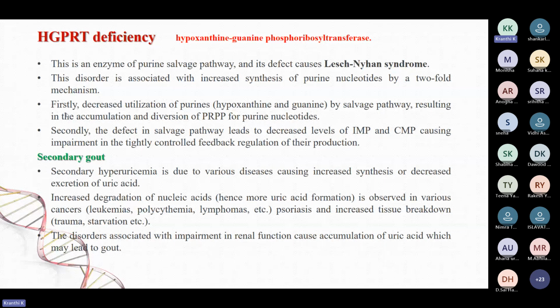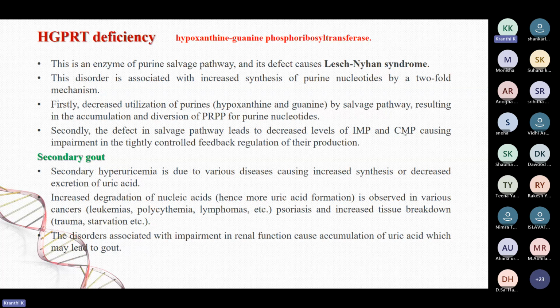Okay, when the hypoxanthine and guanine accumulate, automatically the uric acid levels will increase. Then secondly, the defect in the salvage pathway leads to decreased levels of IMP and GMP, causing impairment in the tightly controlled feedback regulation. So these two are the decreased levels.